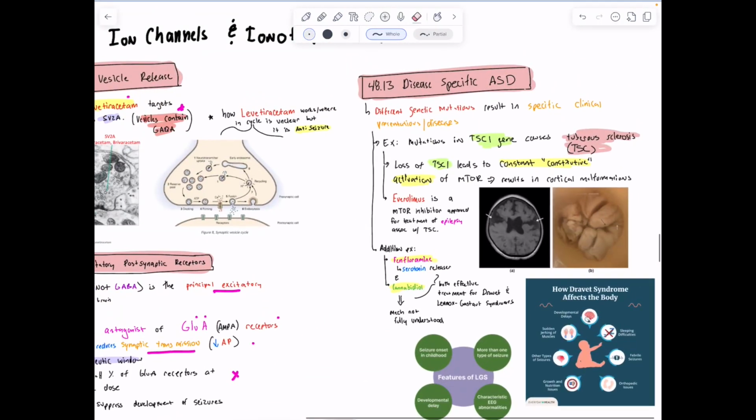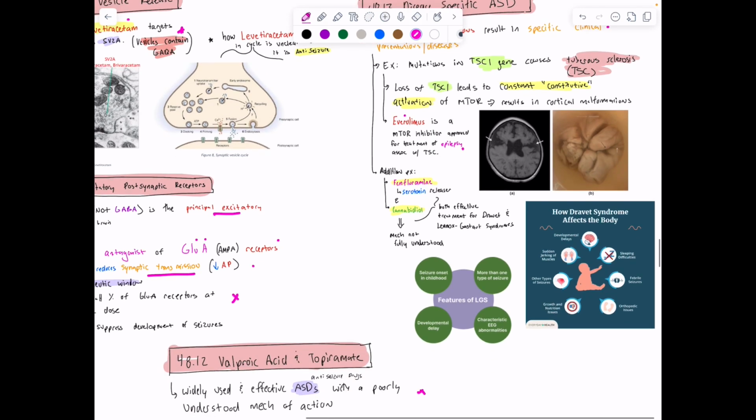All right, and then finally, disease-specific anti-seizure drugs. Different diseases can have an underlying genetic mutation. So an example is the drug everolimus, an mTOR inhibitor for epilepsy. And then we also have fenfluramide, a serotonin releaser, and then cannabidiol, used for these particular syndromes, Dravet and Lennox-Gastaut syndromes.